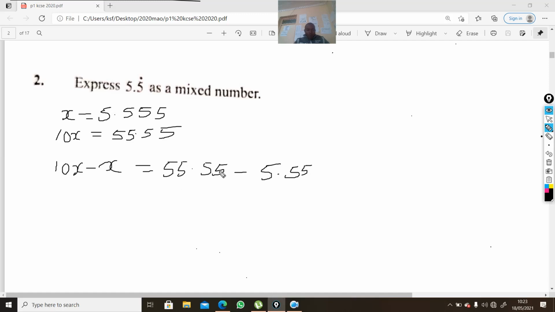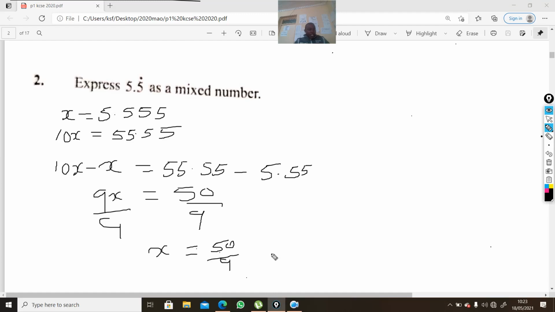So if you subtract this, you use your calculator, you get 9x equal to 50. So if I divide by 9, I get x equal to 50 over 9.